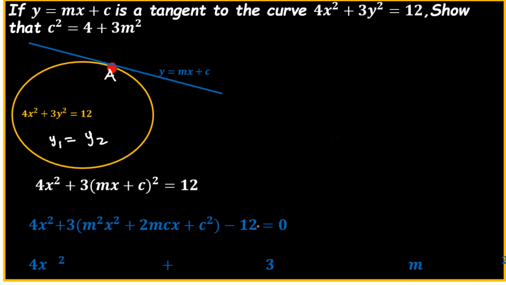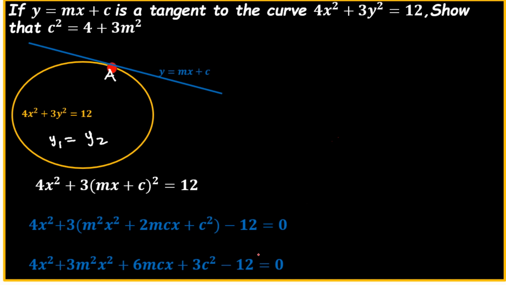After doing that, I'm going to multiply this 3 throughout this bracket. So I'm going to have 4x squared plus 3m squared x squared plus 6mcx, then plus 3c squared minus 12, everything is equal to 0.